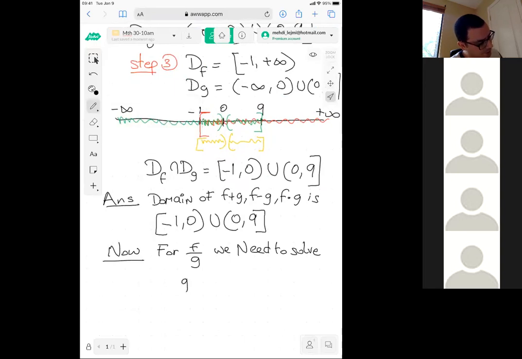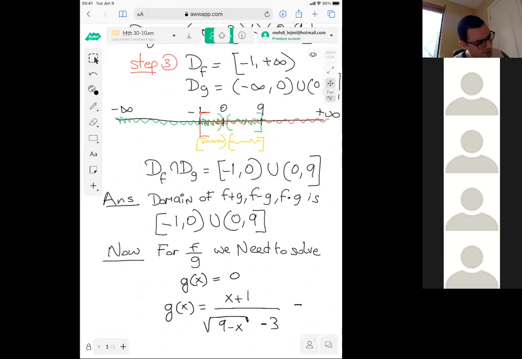I think g is the square root of x plus 1 over 9 minus x, with a minus outside. That's my g of x, and I need to solve this.